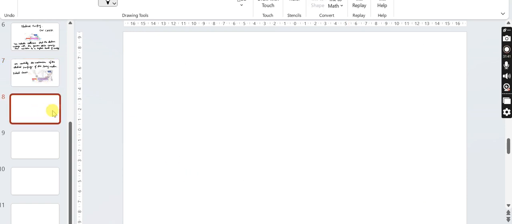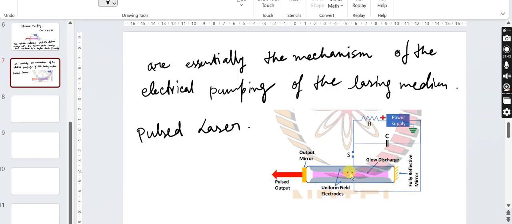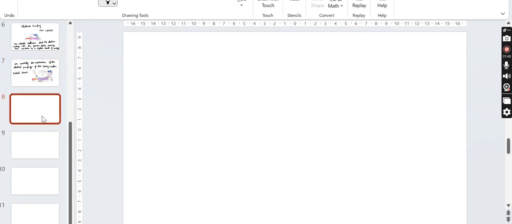And here, instead of an anode and cathode at the ends, we get uniform electric fields, because the high operating pressure inhibits the occurrence of a glow discharge, and the breakdown voltage of the discharge gap increases, affecting a longitudinal discharge. So in that case, we need uniform field electrodes at the side pumping arrangement.